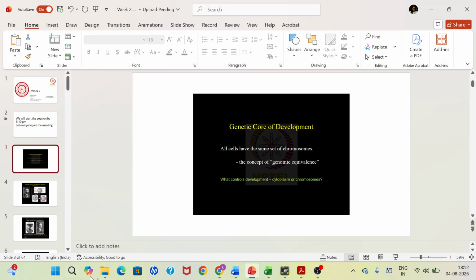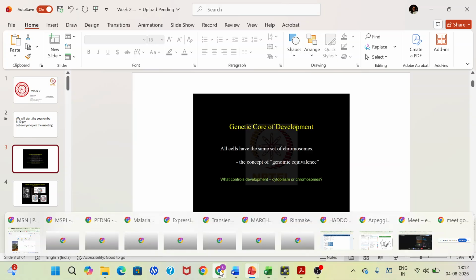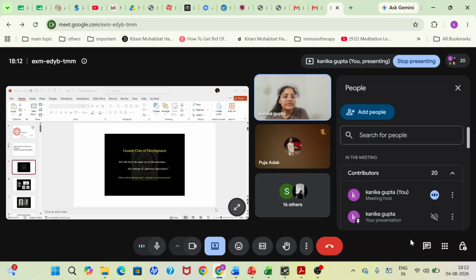That is the crux of week 2, and the mechanisms underlying these differential gene expressions, how it happens and what leads to this, is what we are going to have a glimpse of in this recap of week 2.